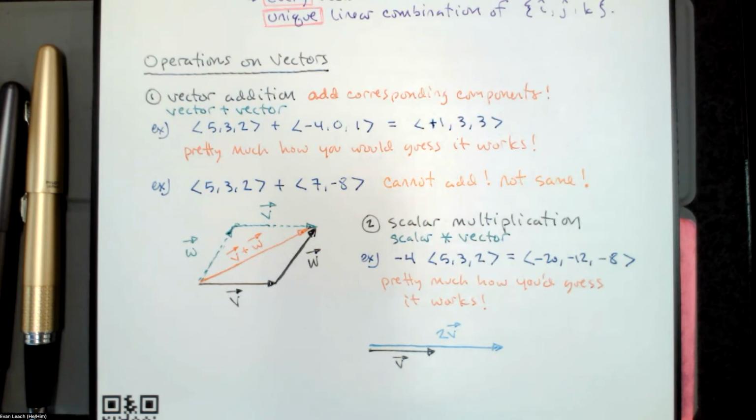If we multiply by -1, we think of that as changing the direction, but it's still on the same line. So it reverses the direction.